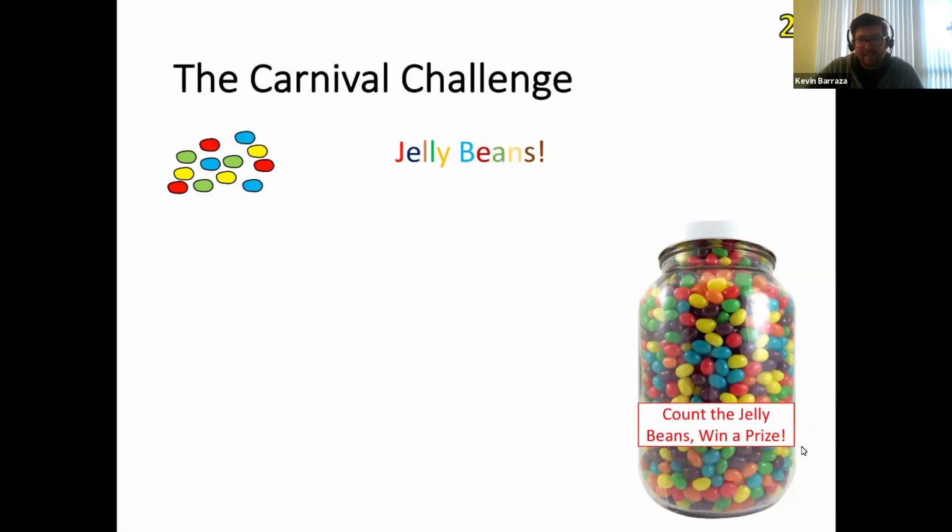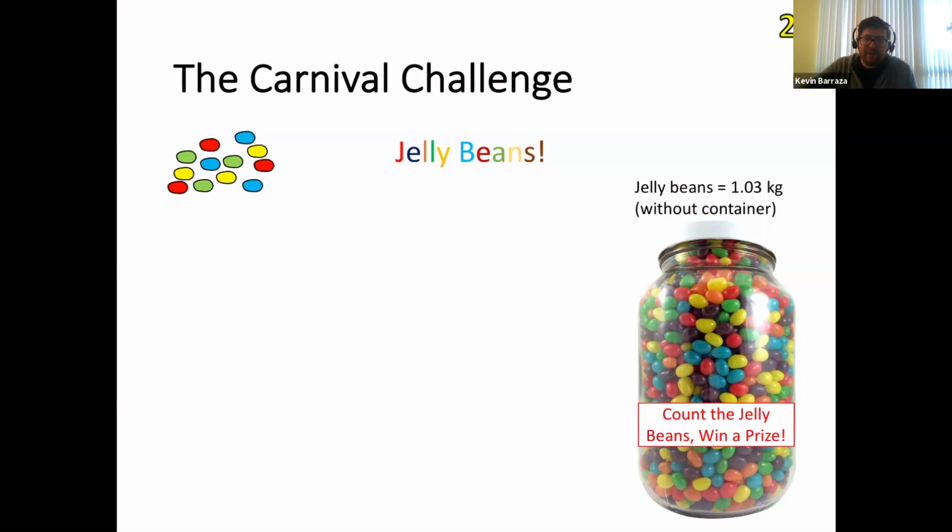Well, one idea is that maybe I could use conversions to figure out what the answer will be. Instead of counting, we could weigh the container of jelly beans. In this case, we'd have to be mindful to subtract the weight of the container because that's adding extra weight that we don't need.